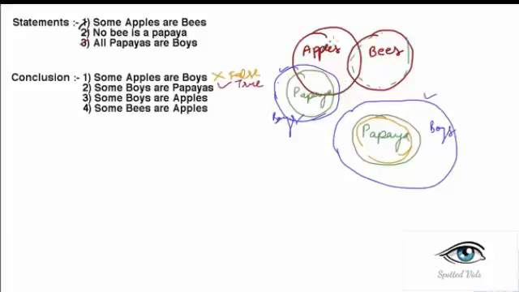So if you look at this situation, here is apples and here are boys. So there is no relation between boys and apples. So this one is also false. Some bees are apples. So give a look to this part. A part of bees are apples. So this one is right.